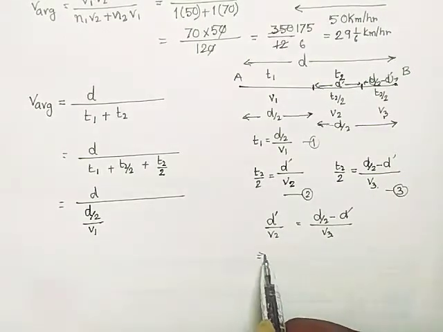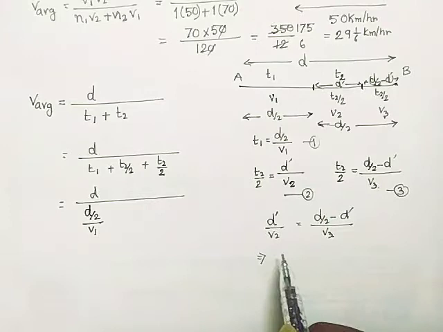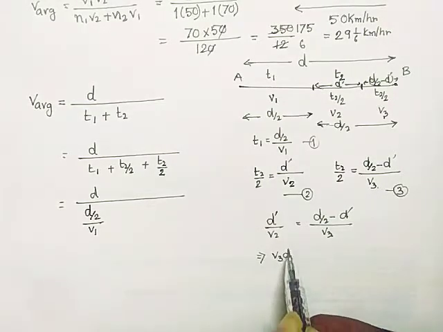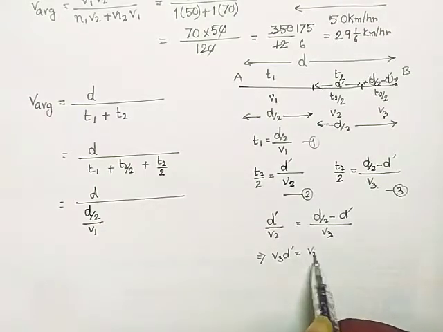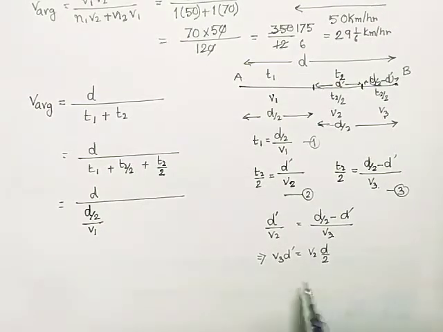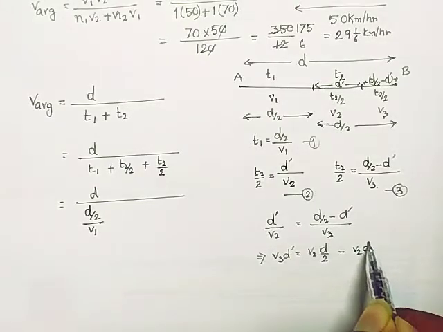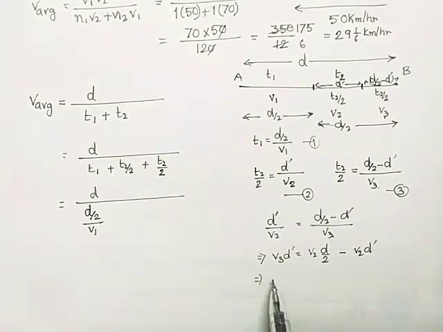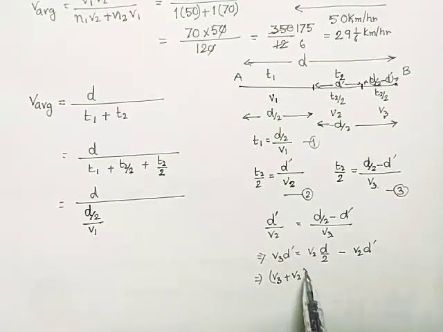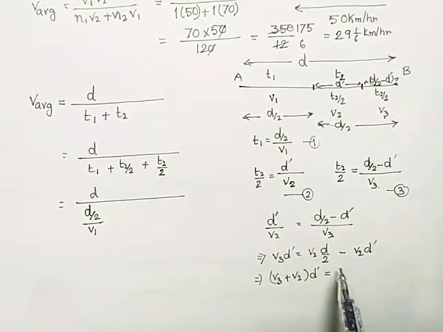So if I try to find it in terms of it, we can say v3 d prime equals v2 into d by 2 minus v2 d prime. So this will become v3 plus v2 times d prime is equal to v2 d by 2.